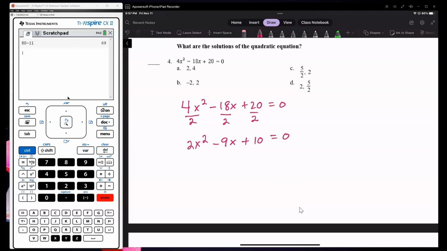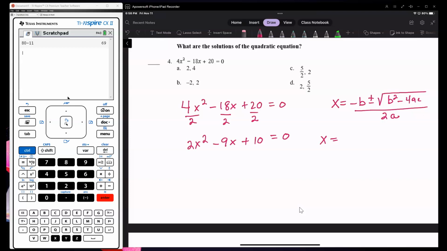Now, sometimes factoring can be kind of difficult, so I'm going to use the quadratic formula. So we have x equals negative b plus or minus square root of b squared minus 4ac, divided by 2 times a.